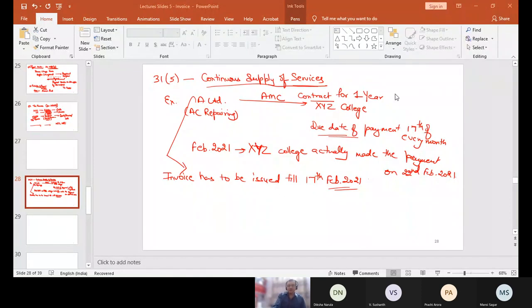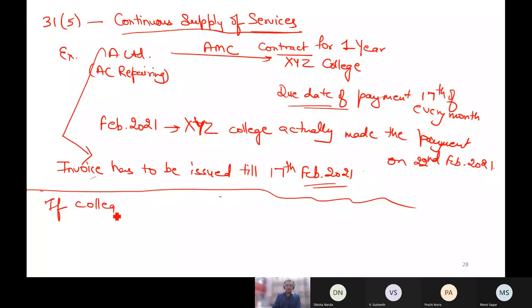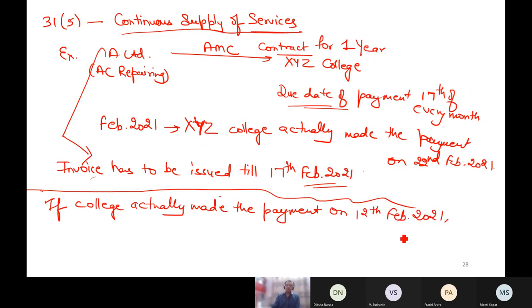Okay, now let me make a small change. Rather than 22nd Feb, for example, if college actually made the payment on 12th Feb 21, can you tell me the answer, the last date?